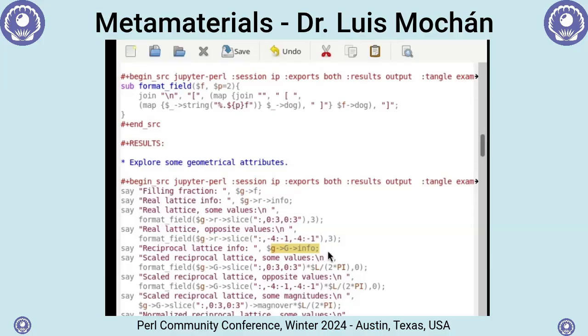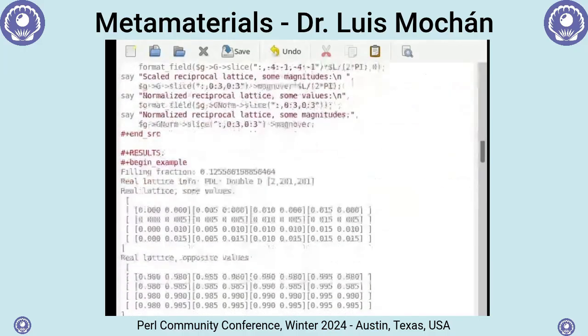I can get the reciprocal lattice itself from one extreme or the other extreme of the array. And I can get the magnitude of these vectors, and I can get the normalized vectors and their magnitudes, which should be 1. So let me run this code, and the results are here.